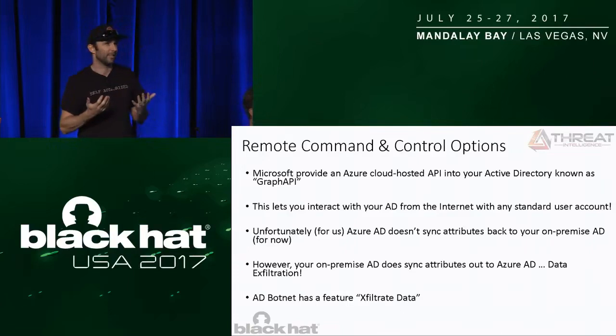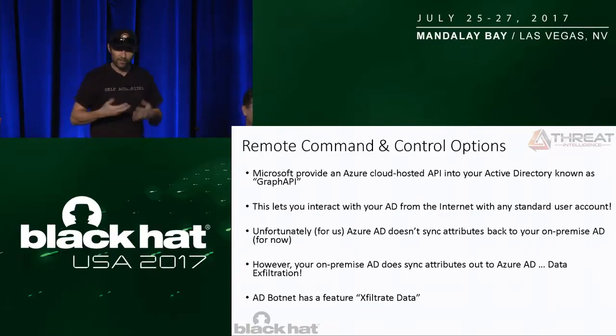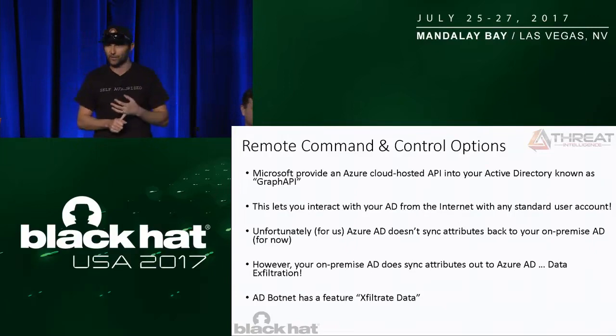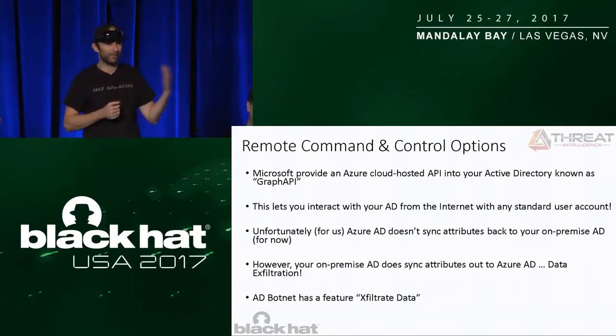This basically lets you interact from the internet through an API directly with your Active Directory. That exposes your AD to the internet, and you can access it as any standard user within your organization. So we were obviously looking at trying to get a two-way communication channel from the internet via this.